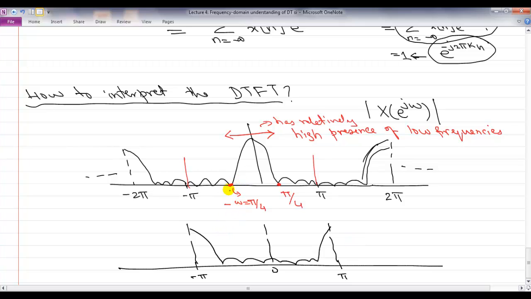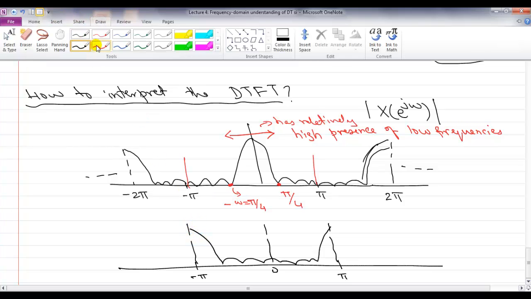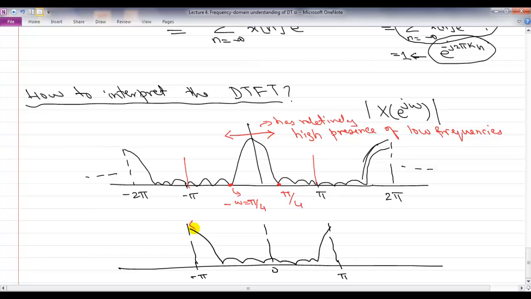Compared to the above case, what this says is that this signal has more high frequencies. Remember, frequencies around pi or minus pi are the high frequencies. So this signal has a relatively high presence of high frequencies, and it does not have that many low frequencies.